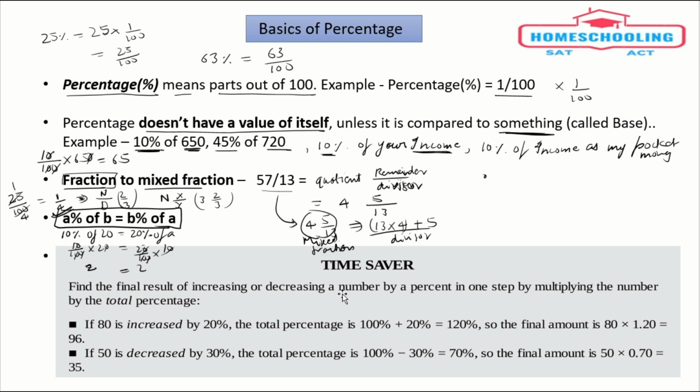So for the next concept, the final result of increasing or decreasing a number by a percentage. If a number or any value is increased or decreased by a percentage, it is done in one step by multiplying the number by the total percentage. Let's take a rice bag.